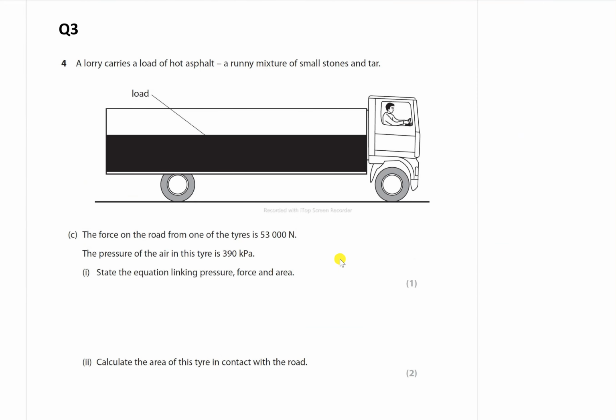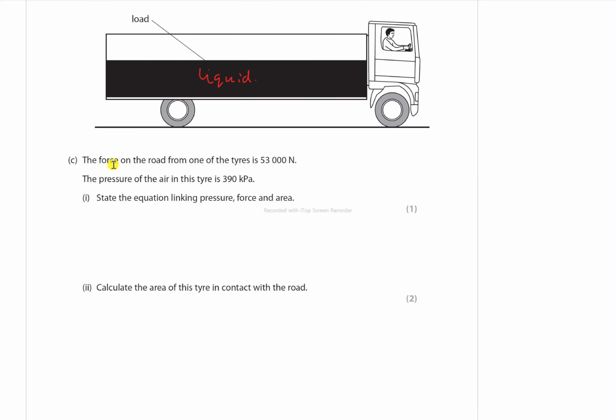A lorry carries a load of hot asphalt, a runny mixture. So this is liquidy, so it can move. The force on the road from one tire is 53 kilonewtons.